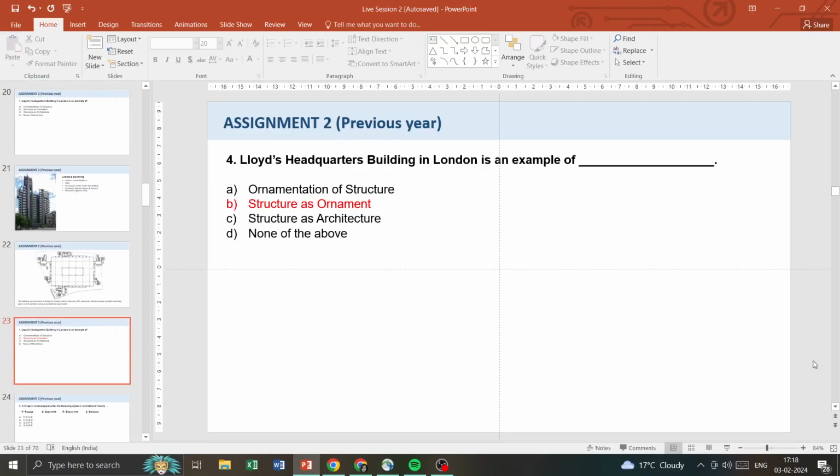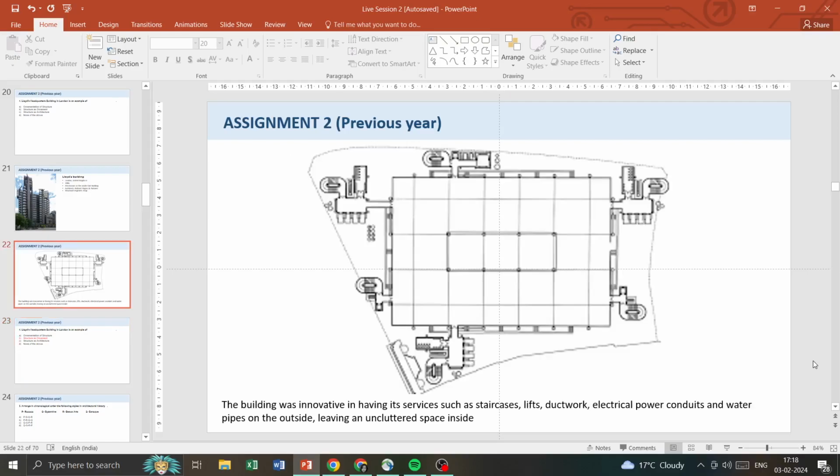So the main difference between ornamentation of structure and structure as ornament is that ornamentation of structure means that the column and beam structure has been made and then the decoration has been done on it. While in structure as ornament, it means that the structure itself is being used as ornament. Because you can see the services around the building, they have different shapes, they have different sizes.